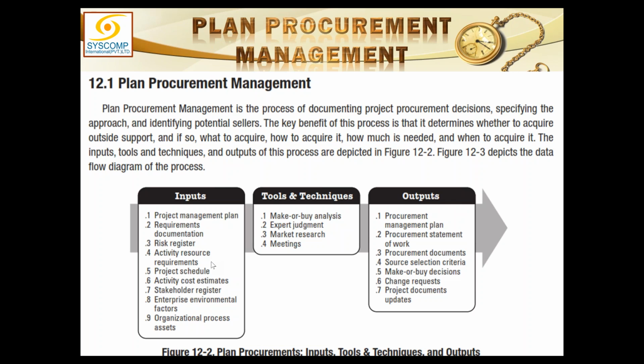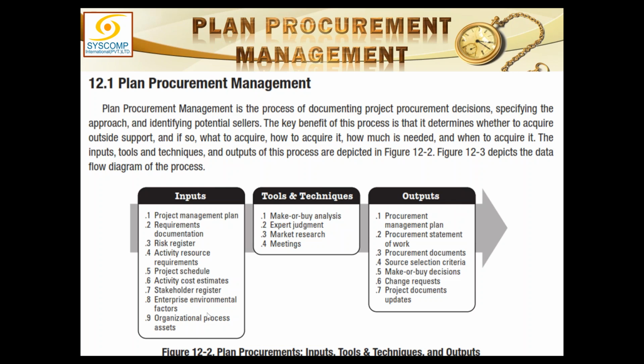Activity resource requirements, how many people were supposed to be needed for this job, is also a good input. The schedule is an input, cost estimate is an input, list of stakeholders is an input, and naturally the enterprise environmental factors and organizational process assets. So all these things are required as input when we are planning the procurement.